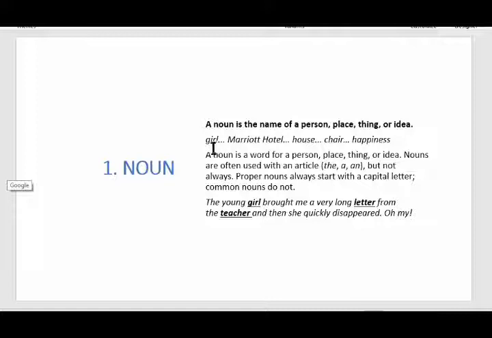So here girl is a noun because it is the name given. Marriott Hotel. This is the name given to a place, to a hotel. House, chair. These are all examples of things. And happiness is an idea. So when you name one of your ideas, that also becomes a noun.